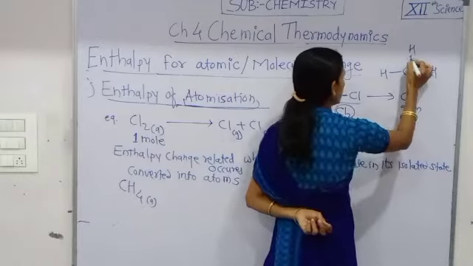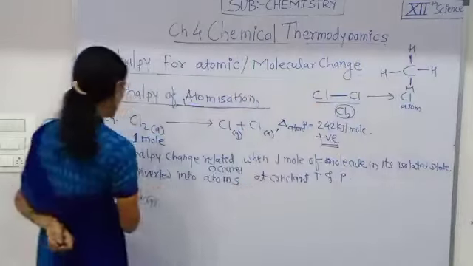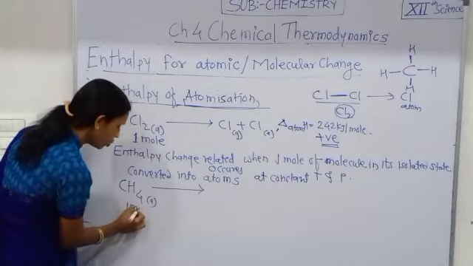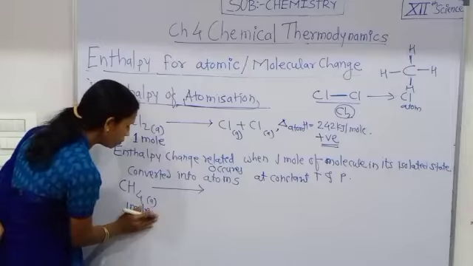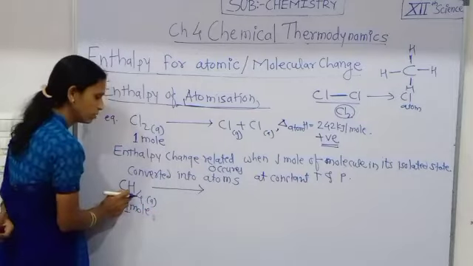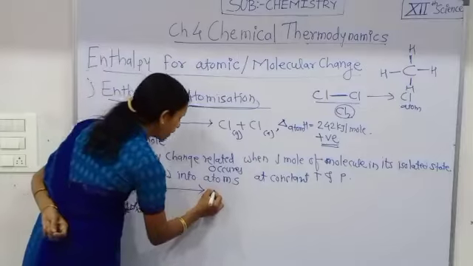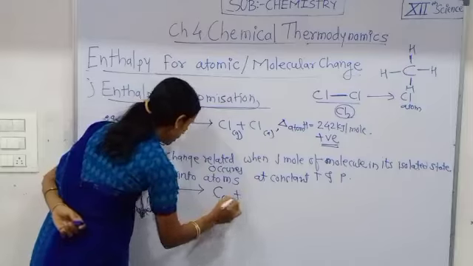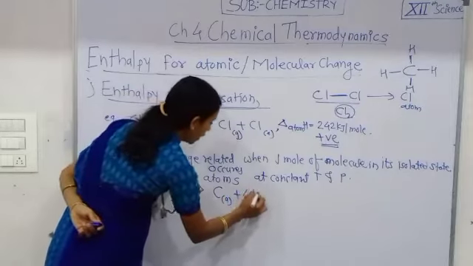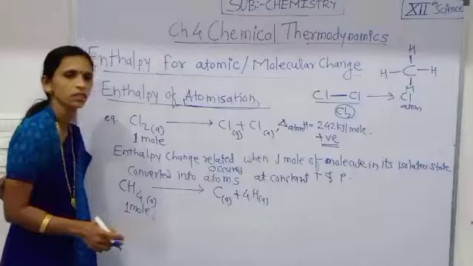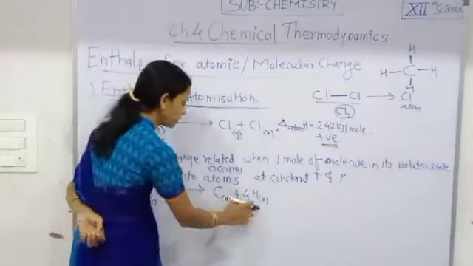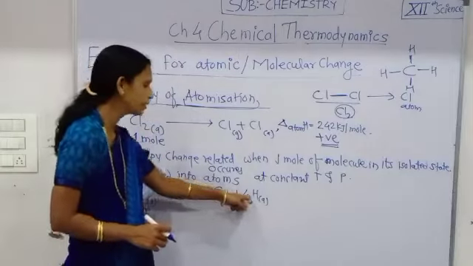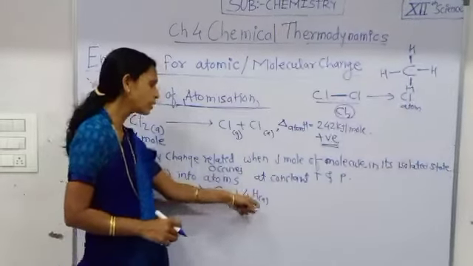When 1 mole of methane is converted into a carbon atom and 4 hydrogen atoms in gaseous state, that means it is split into its constituent elements in atomic form.